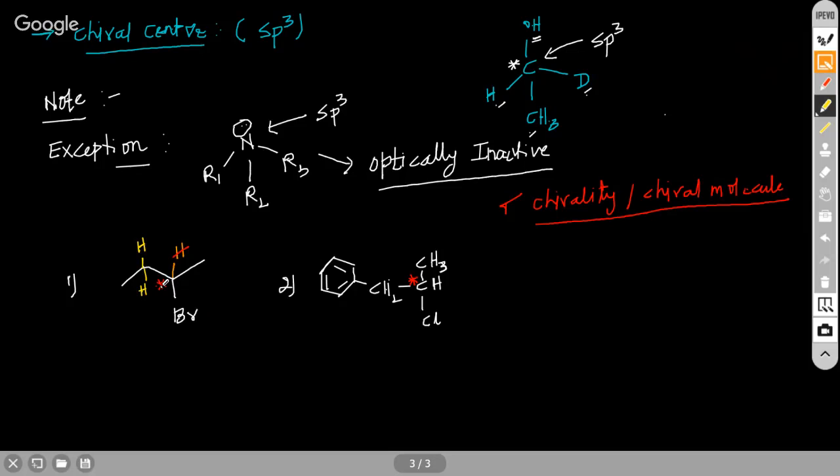Always keep this in mind, that chiral center and chirality are not at all the same. They are completely different from each other. Right?